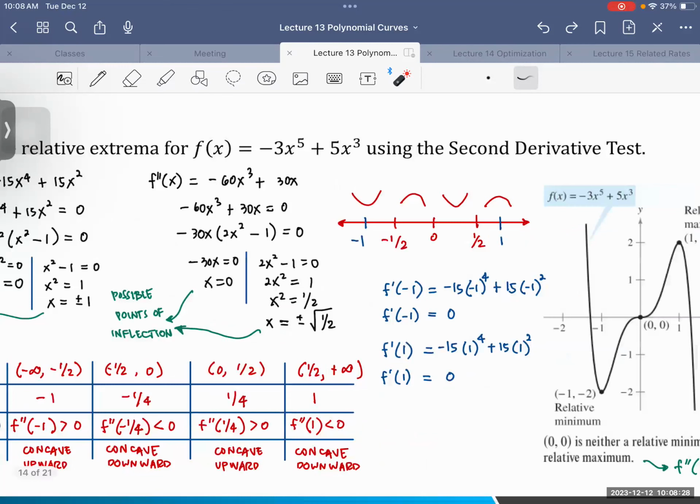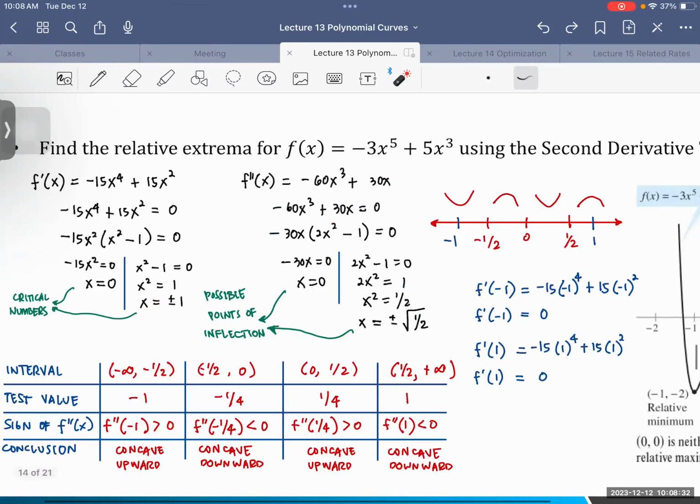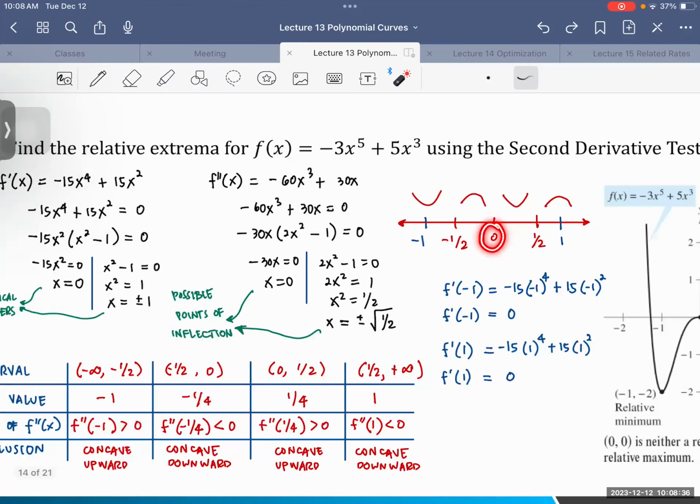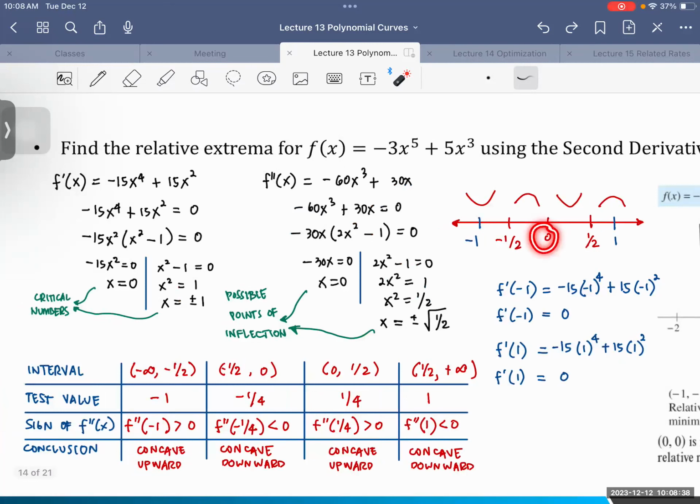By the way, kung ang 0 class. Ha? Kung ano ta karon ang 0, imong f prime of 0 is equal to 0. So maisip ka nga it could be a possible extrema. Pero this value sa 0 class is also a point of inflection.